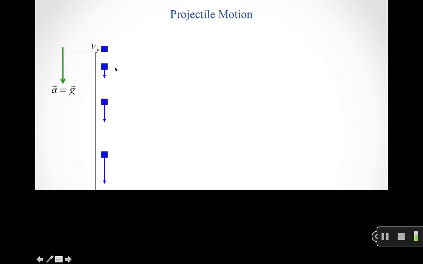If, on the other hand, I threw something horizontally, well, again, this horizontal component is entirely in x. And we've already said that there is no horizontal component of my acceleration, which means this horizontal component of the velocity can't change.